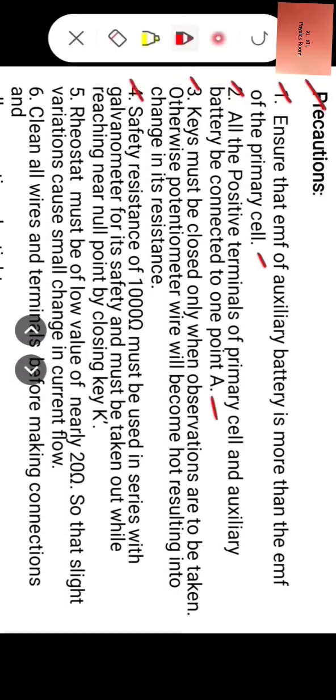Fourth, safety resistance of 1000 ohm must be used in series with galvanometer for its safety and must be taken out while reaching near null point by closing key K dash. Fifth, rheostat must be of low value of nearly 20 ohm so that slight variations cause small change in current flow.